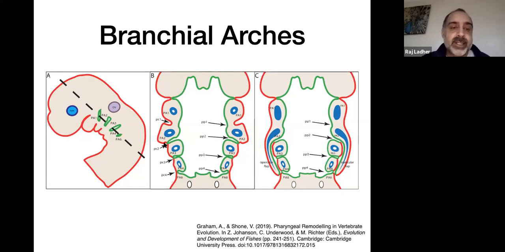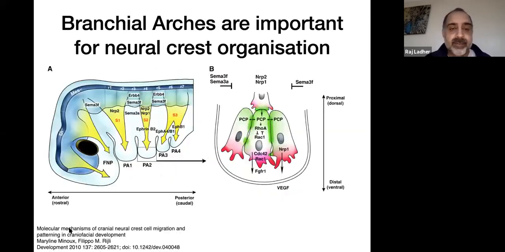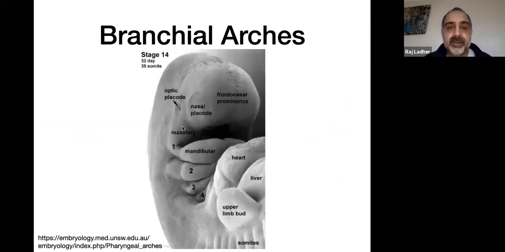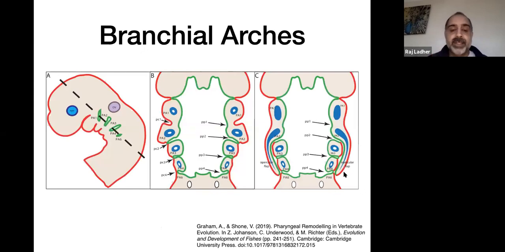And so the branchial arches in us have been modified and go on to form, for example, the maxillary arch here will give rise to the upper jaw components. The mandibular arch will give rise to lower jaw components. Arch 2 is a hyoid arch, which will give rise to some of the support structures within the throat. And so all of these are kind of modifications of a particular plan.